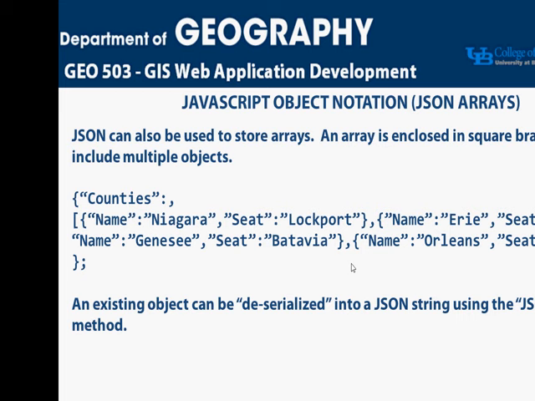It's missing that. So if you look at this piece, it's like the first slide. So it's JSON within JSON. The first piece is a set of JSON text defining Niagara, then comma, a set of JSON text defining Erie, comma, JSON text defining Genesee, and then JSON text defining Orleans.